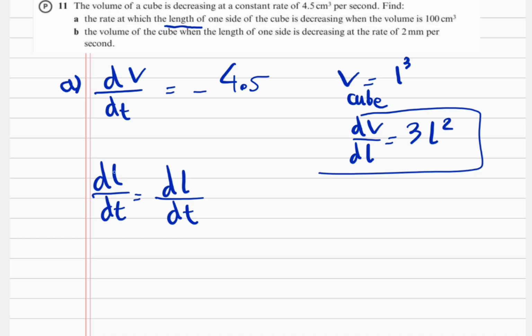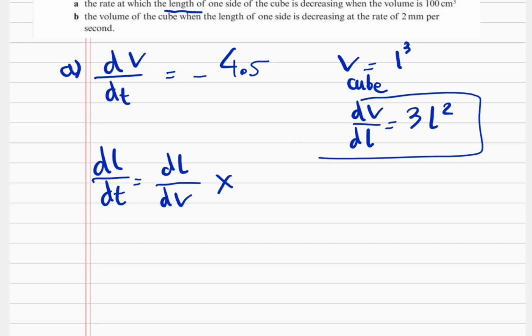On the numerator I have dL, so I have to have dL on the numerator of one of the fractions on the right hand side. So one possible thing is dL/dV, because we already have dV/dL, so we can easily find dL/dV, right? Because that's just the reciprocal of that.